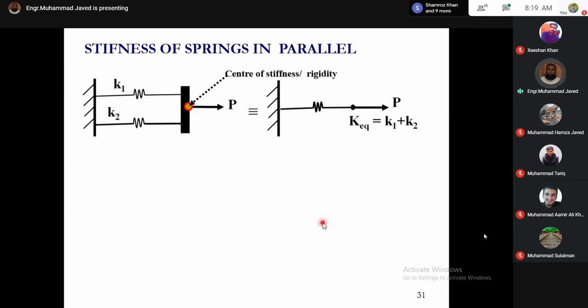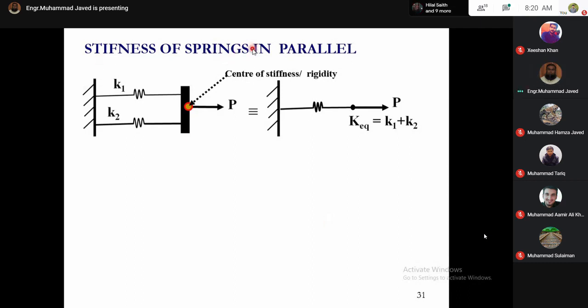The columns undergo deformation and store strain energy. When we remove the force, if the stresses are within the elastic limit, the column will come back to its original position. Therefore, we can idealize structural members as springs. Now, springs in a system can be connected by two methods.